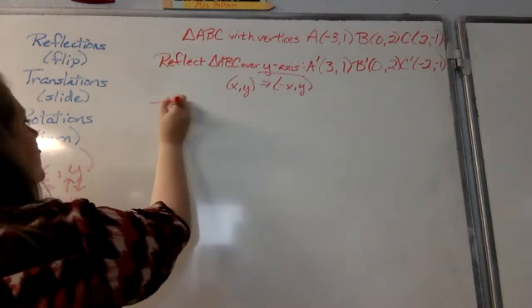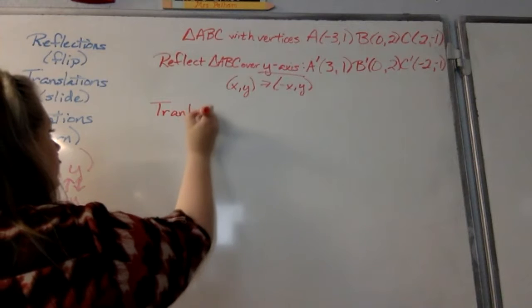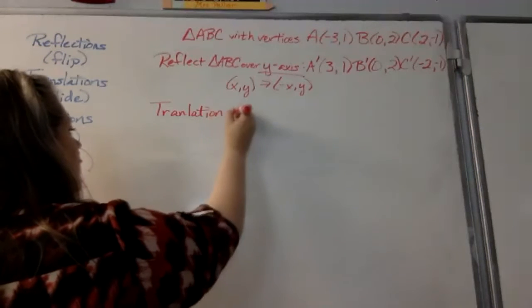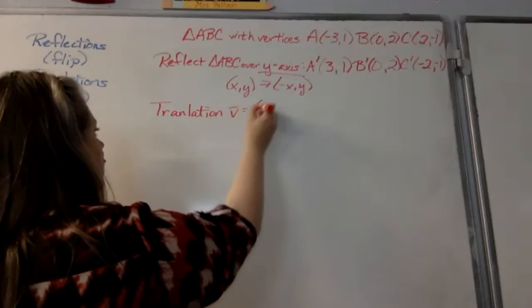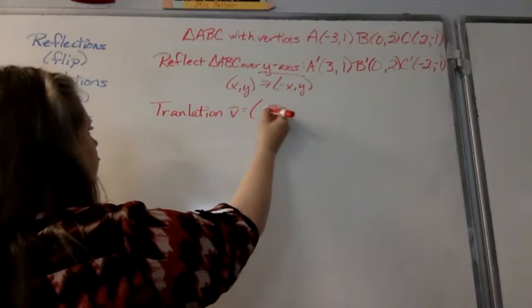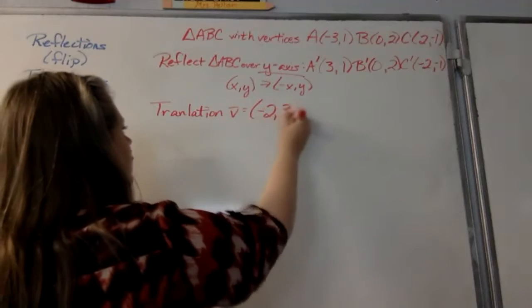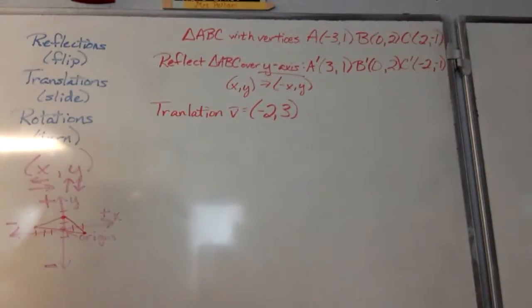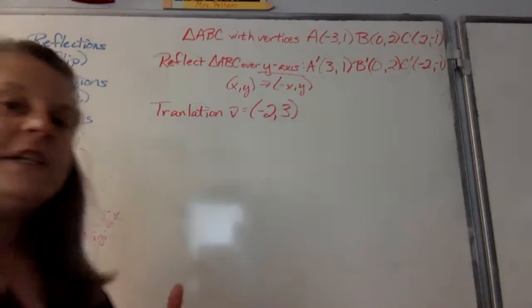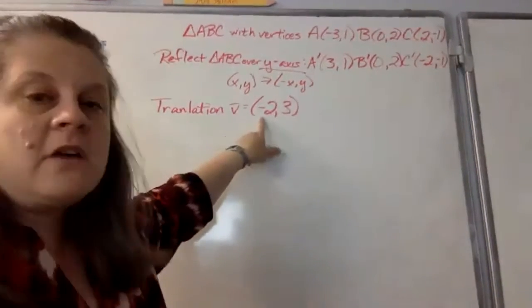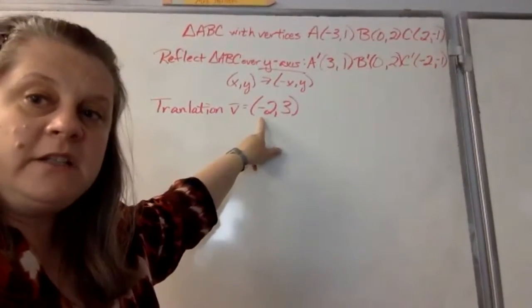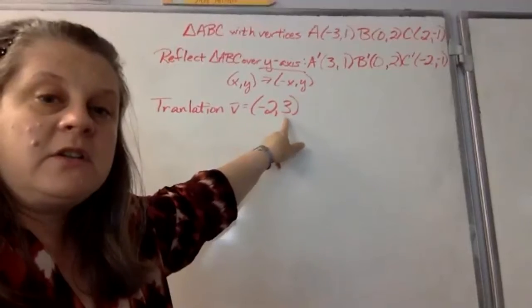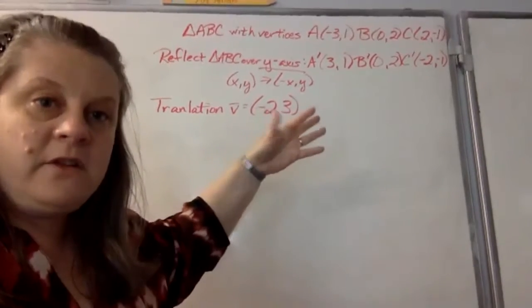Now, what if I want to do the translation with vector negative 2, 3? Now, remember for the translations, your vectors, this first number tells you how the x value changes, and your second number tells you how the y value changes.